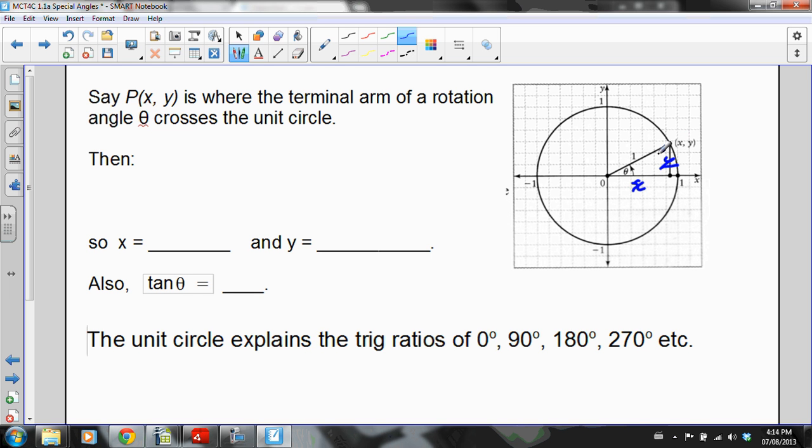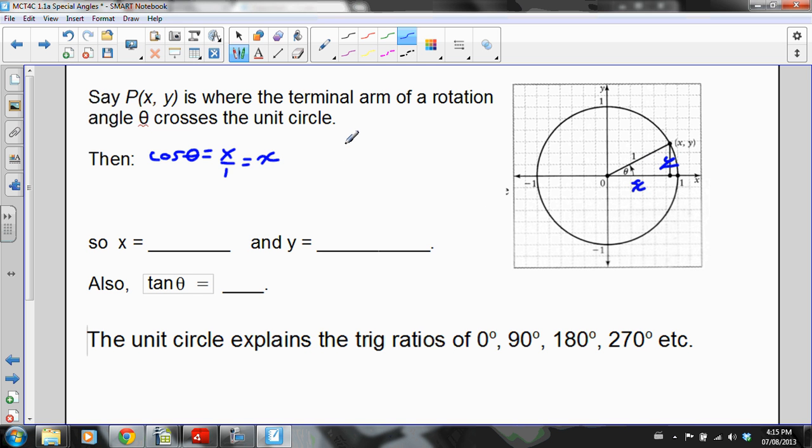And the hypotenuse is 1. If I wanted to, I could write the cosine of theta. Well, the cosine of theta is adjacent over hypotenuse. Well, that's just x, isn't it? x divided by 1 is just x.